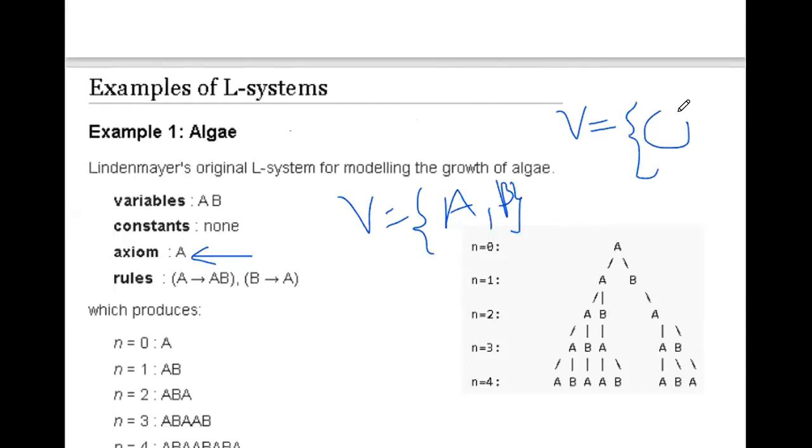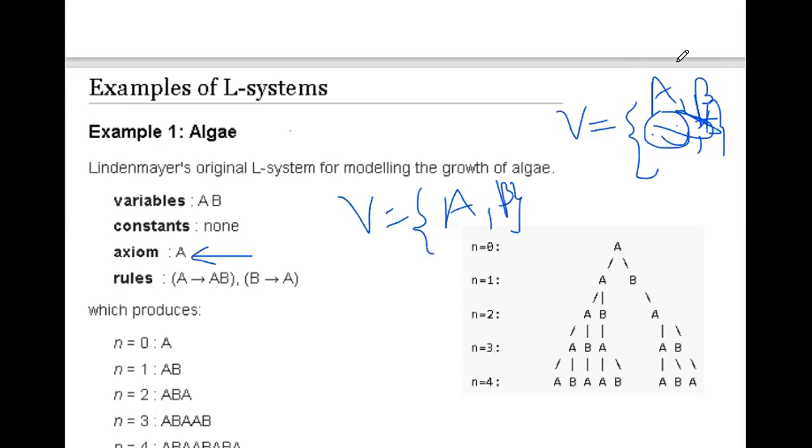You can put a smiley face or stars. Anyway, I will take a set AB. A and B, two symbols, right?